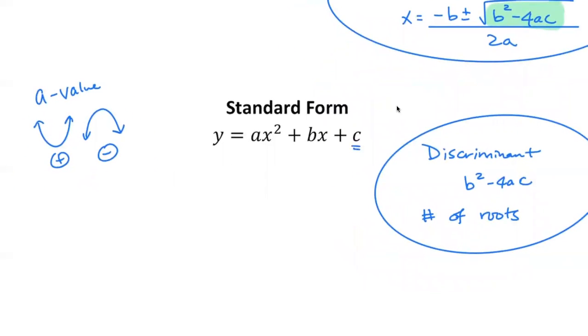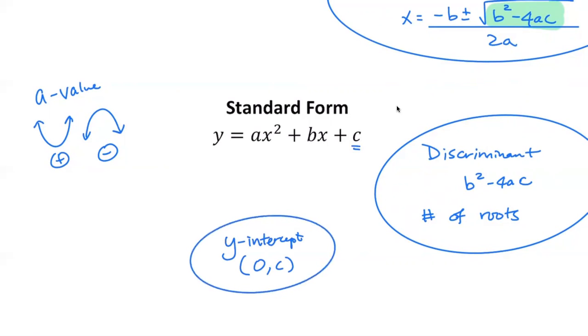It's the c value. The c value is actually telling us the y-intercept. The y-intercept is always 0, comma, something. So the c value is the y-intercept, and why?